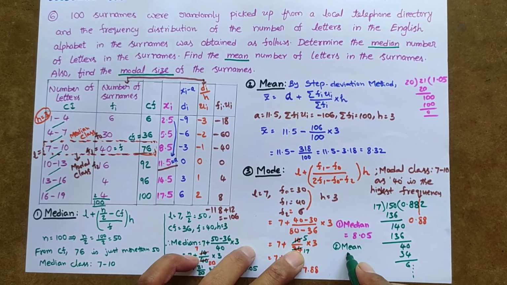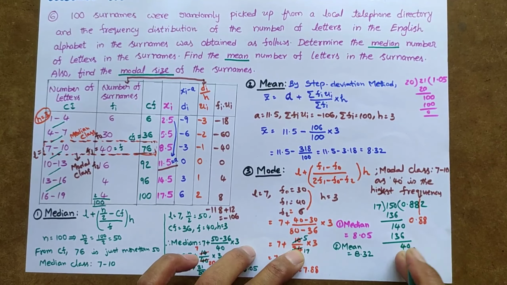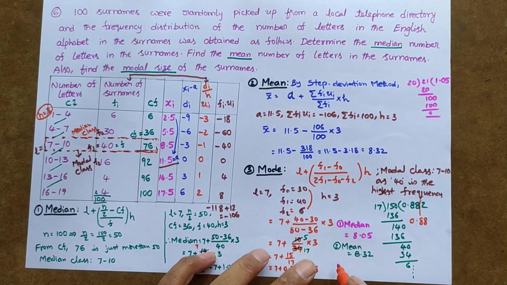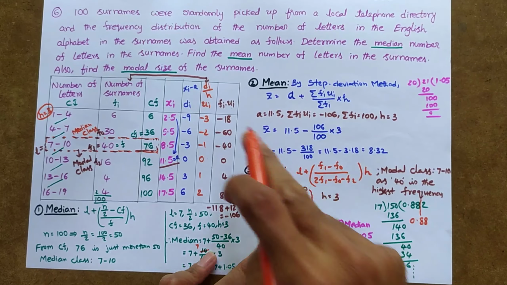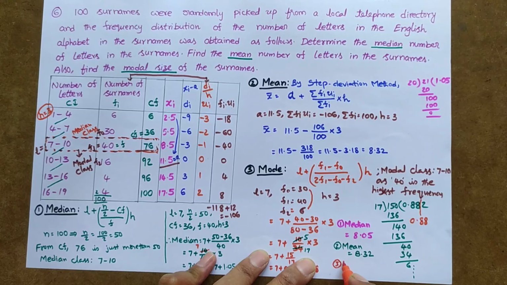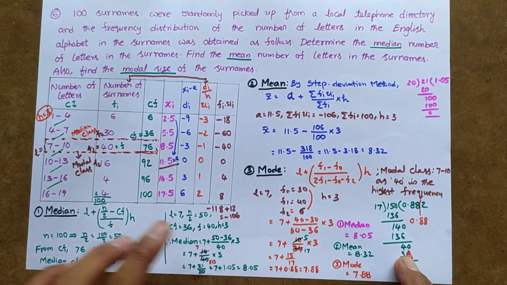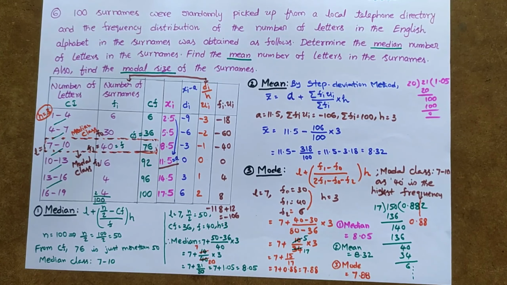We got the mean value as 8.32. And let us write the third one, that is mode, or we can say modal size, however you want, you can write. Okay, as I do not have place, I am writing only mode. Mode we got it as 7.88. So with this, the sixth problem gets completed.